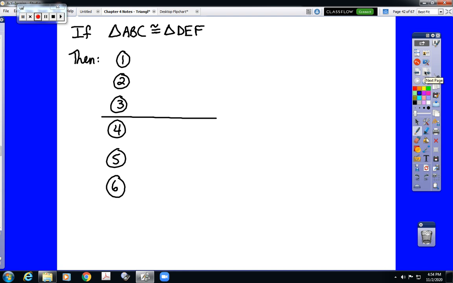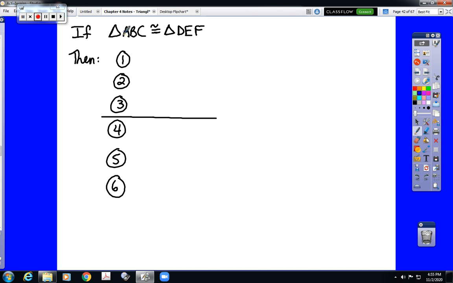We said if we have a congruent statement, such as the one on the screen right now, if triangle ABC is congruent to triangle DEF, that should immediately tell us all 6 sets of corresponding parts are congruent. And we should be able to pull those straight out of the name.